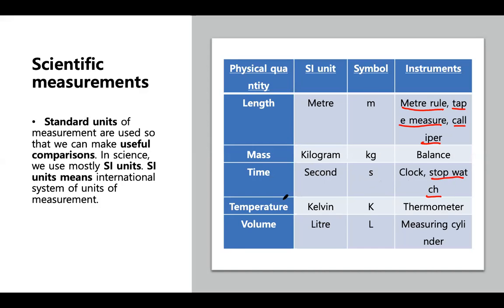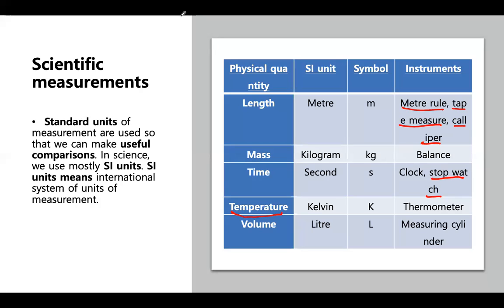The next one is temperature, and it is measured in Kelvin. We might see degrees Celsius, but in science we measure in Kelvin, and we'll talk about that more in the future.